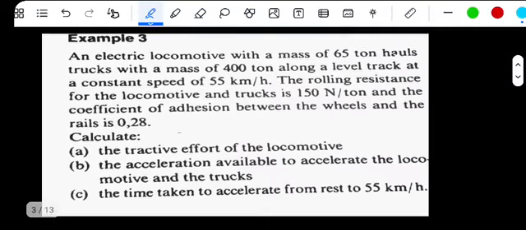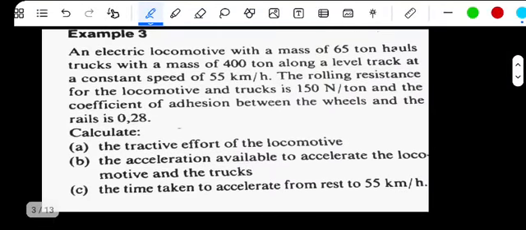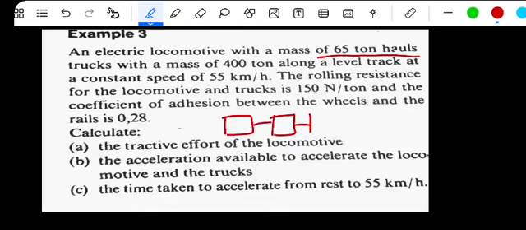Example 3 says: an electrical locomotive with a mass of 65 tons. Hauls, that means it hauls trucks, the whole load. I've shown you that it hauls trucks; here are the trucks, and they have wheels obviously.